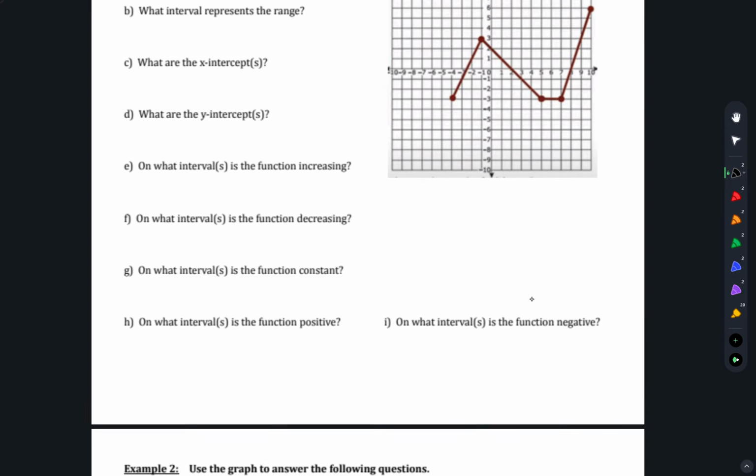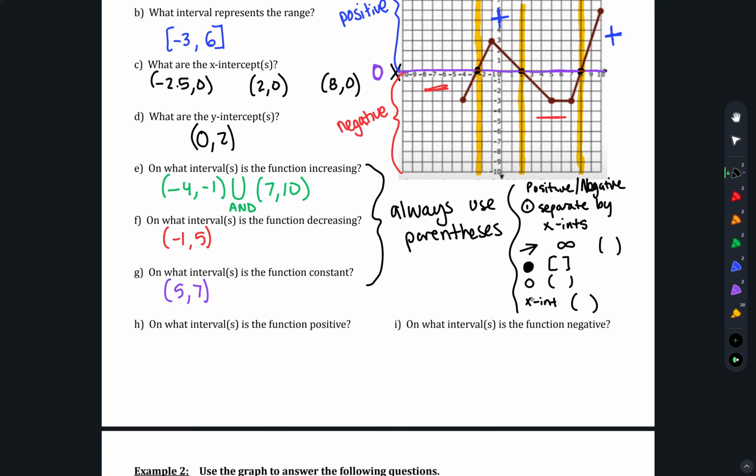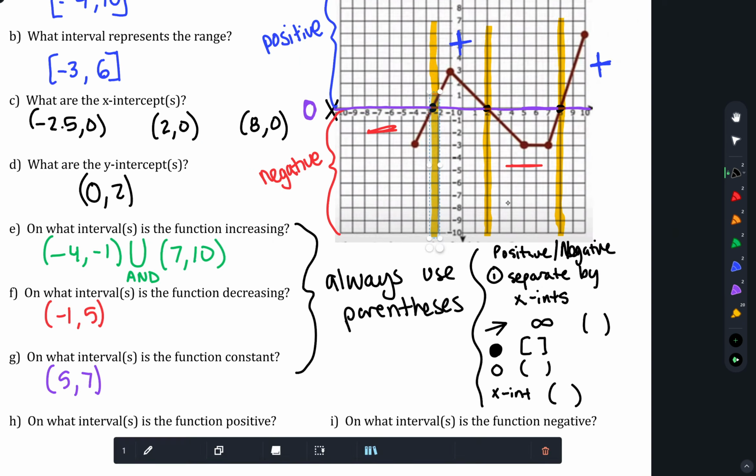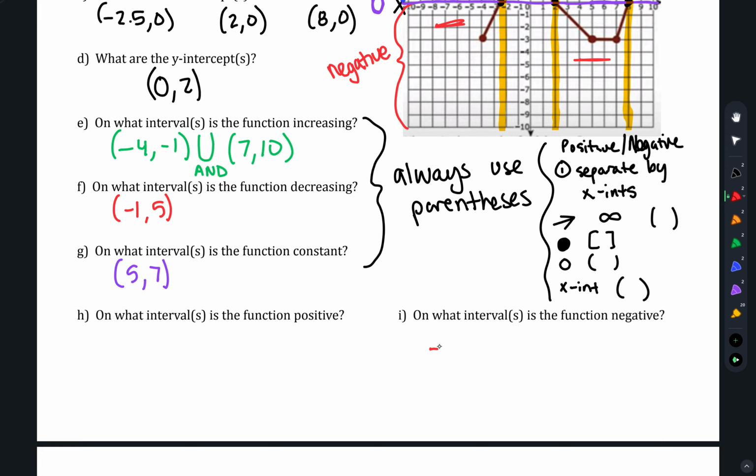Okay, so that being said, let's determine our positive and negative intervals. This first one right here, we said it's negative. It's starting at -4. I should zoom in. Starts at -4, goes to about -2.5. That's going to be in the negative section. And then remember all these rules I just told you.